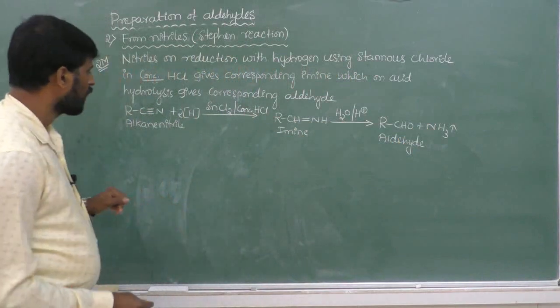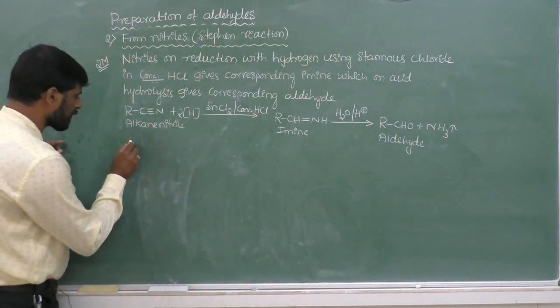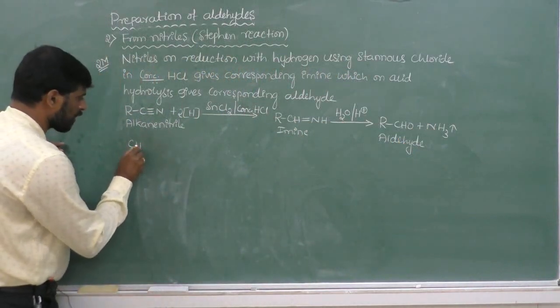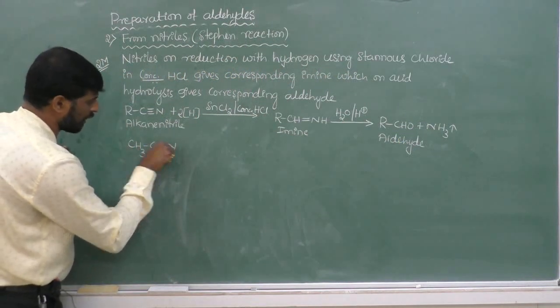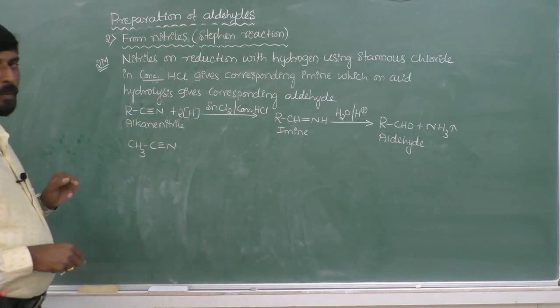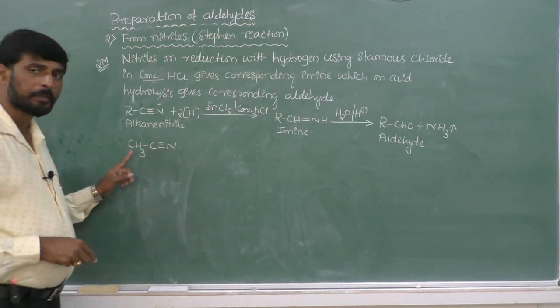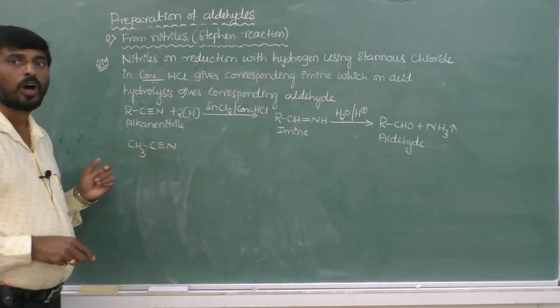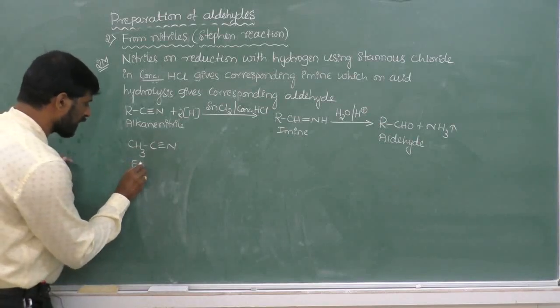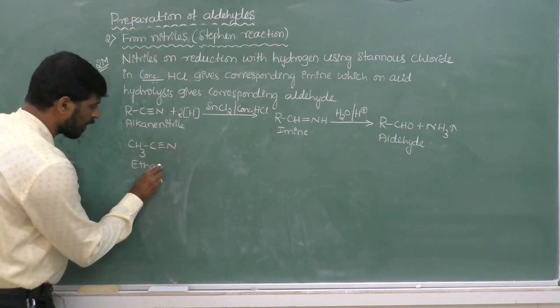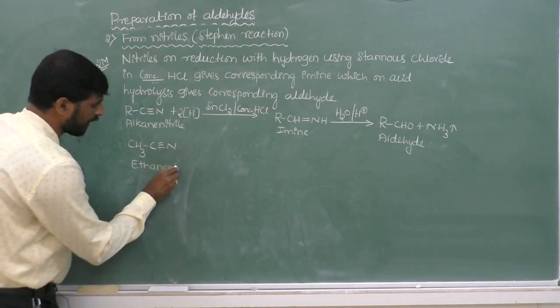I will take up one example for this, that is CH3CN. What is the name of this compound? Either we can call it methyl cyanide, or the IUPAC name of this compound is ethane nitrile.